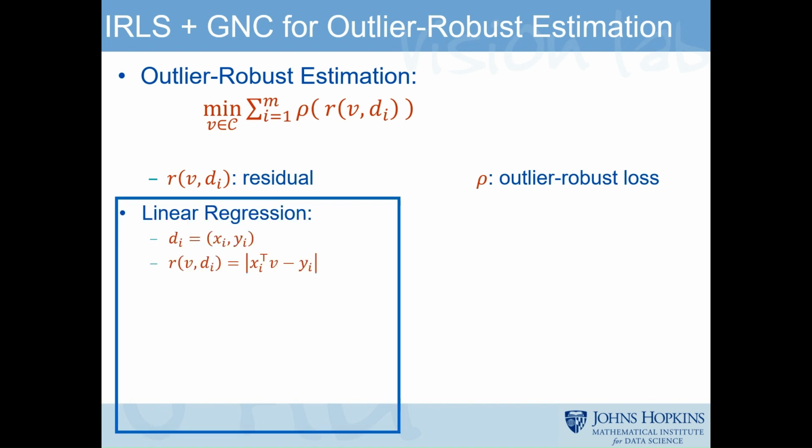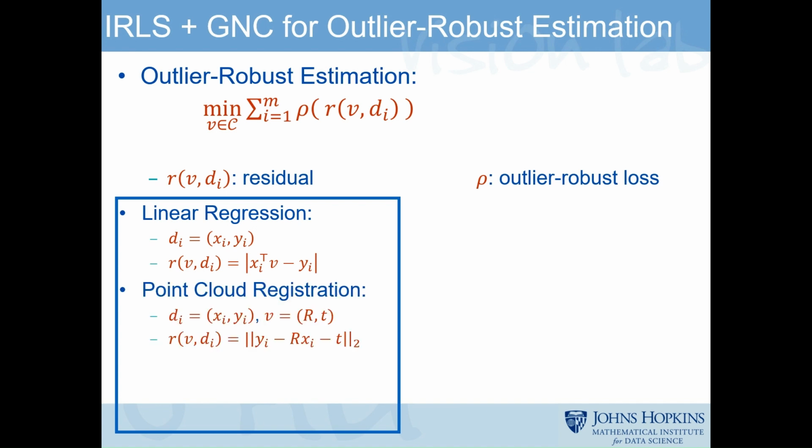For example, in linear regression, you have di, your i-th sample, to be xi and yi, two quantities. And the residual is going to be the distance of this quantity as measured by the absolute value of the inner product of xi and your variable v minus the scalar variable yi. In the case of point cloud registration, your data di is going to be a pair of points xi and yi.